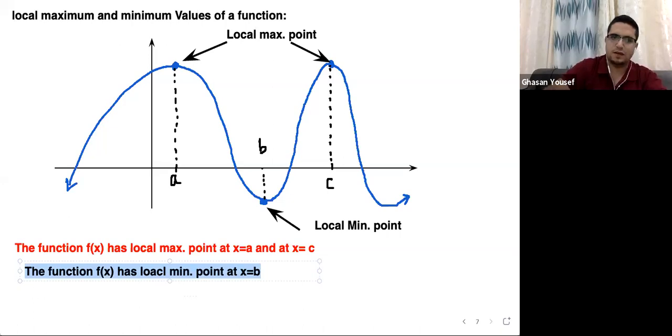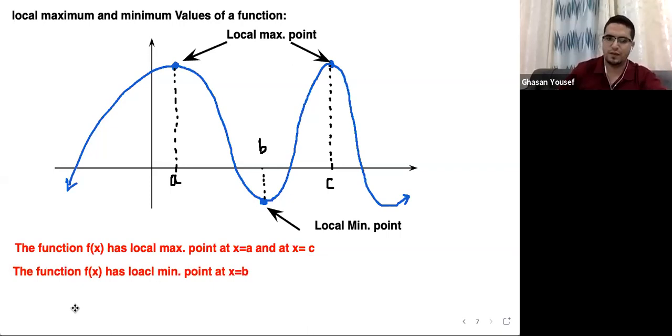This is my second thing. The function f of x has local maximum points at x equal a and x equal c, and also local minimum at x equal b.